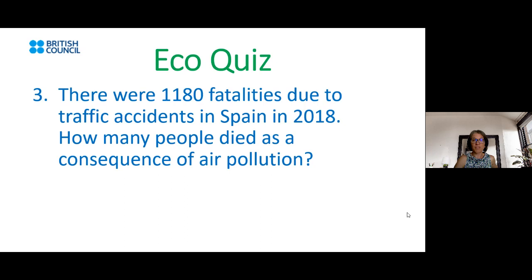Okay, the next one, I'm going to ask for some answers in the chat. There were 1,180 fatalities due to traffic accidents in Spain in 2018, very sadly. How many people died as a consequence of air pollution? What do we think? The same number, maybe a bit more, or maybe a bit less.